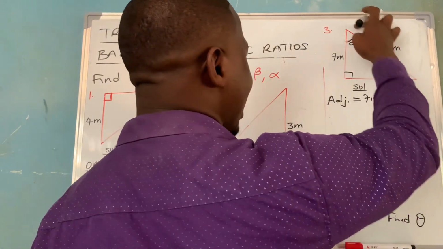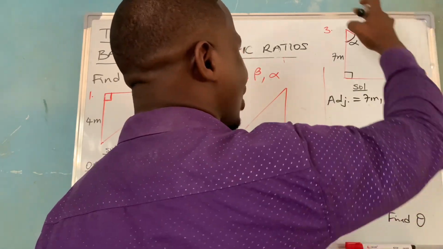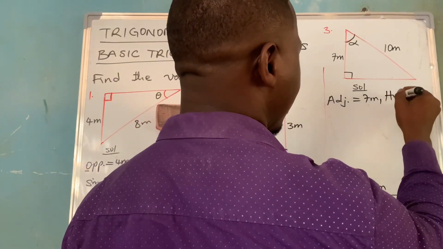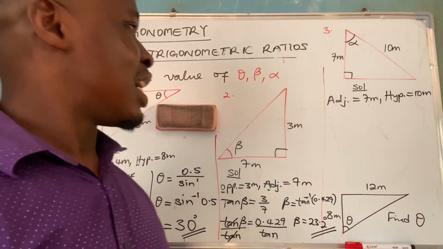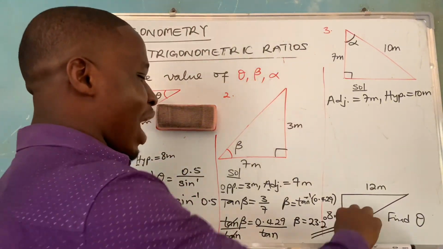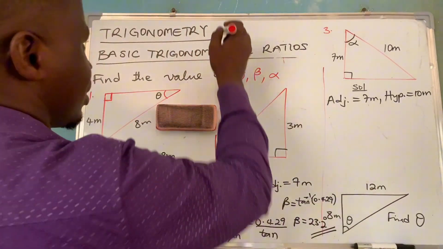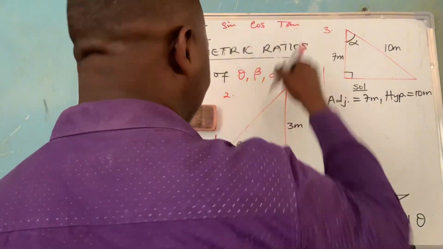This side here is facing the right angle. You can see that. So that side is the hypotenuse side, 10 meters. Alright, now we have adjacent, we have hypotenuse. But we have three basic trigonometric ratios: the sine, the cos, the tan.